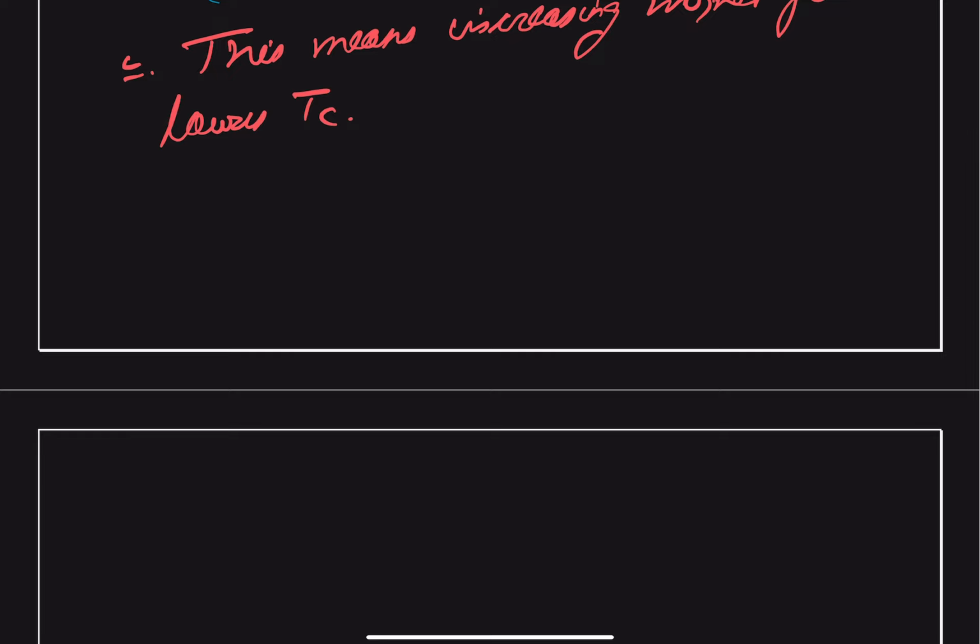Therefore, from here we can draw two important conclusions: that TCB decreases monotonically with increasing magnetic field, which is clear from the graph also.